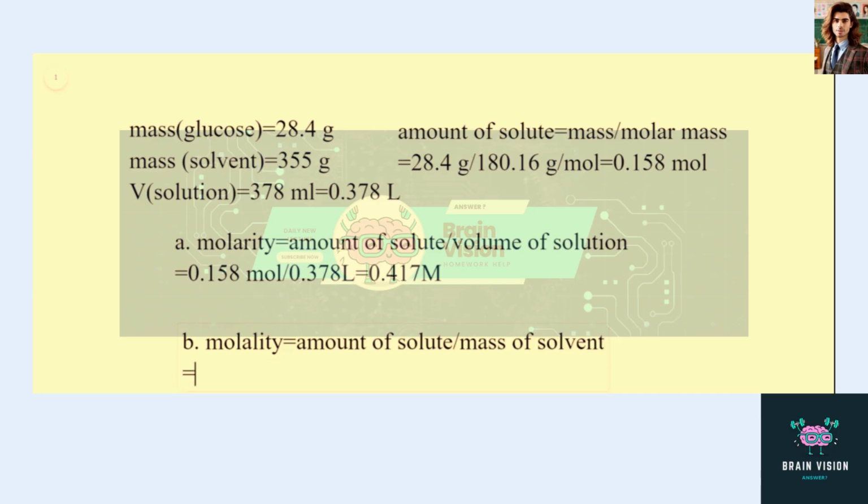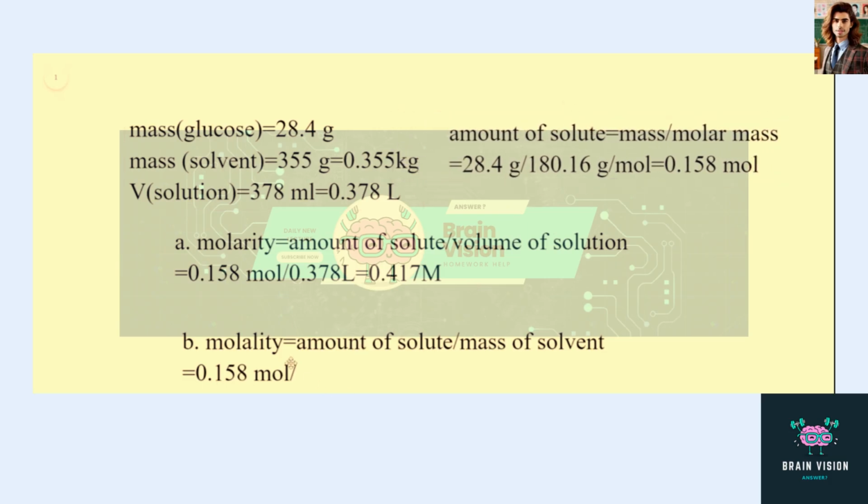So we can just put it straight into the equation, 0.158 mole divided by, let's convert that to kilograms, 0.355 kilograms, which gives us a molality of 0.445 little m.